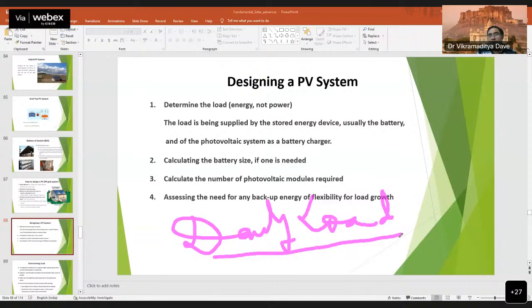From that average unit consumption, now you can decide how much electricity is needed per day. Suppose you require 2 units. 2 units means 2 kilowatt hour. 2 kilowatt hour means 2 kilowatt power is running for 1 hour.